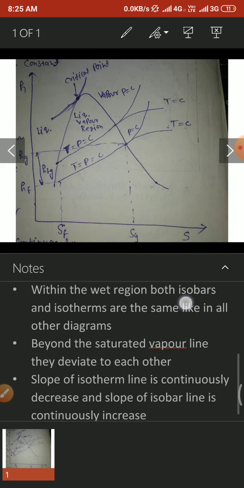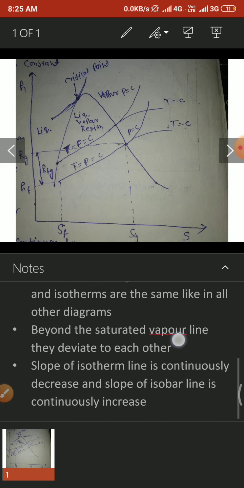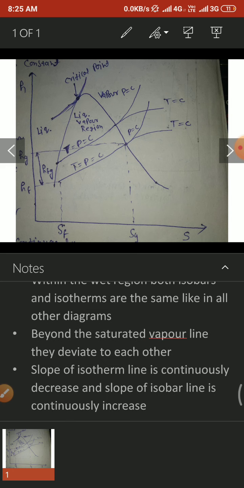But beyond the saturated vapor line, this is saturated vapor line, this is saturated liquid line, this region is known as wet region. Slope of isotherm line continuously decreases, and slope of isobar line continuously increases in superheated region.